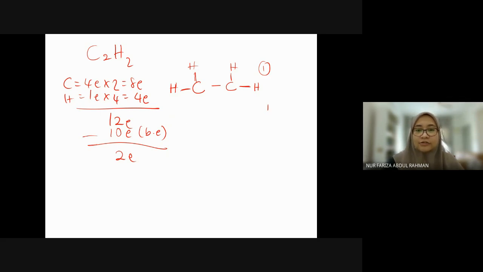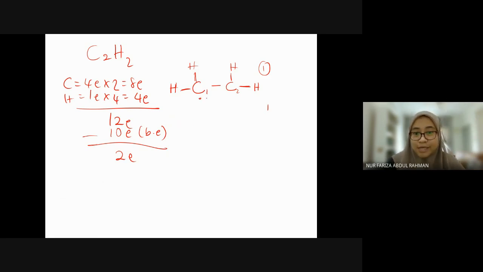So these 2 electrons should be placed at the central. As you can see, we have 2 central atoms. Nak place dekat mana? Jangan pecahkan, bagi seorang satu. What we are trying to do is to make sure kita banyakkan seboleh mungkin atom yang octet.